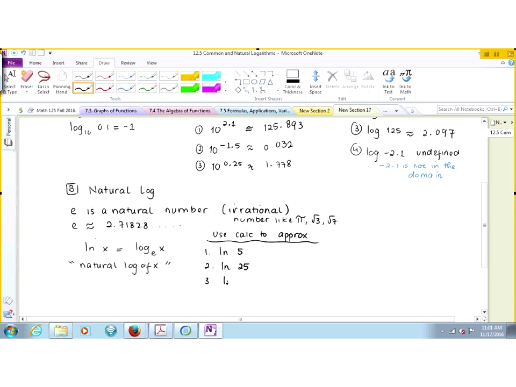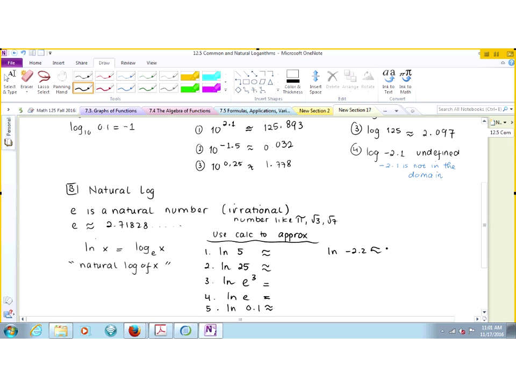What is ln 25? What is ln E cubed? This one you don't need a calculator. What is ln E? What is ln 0.1? What is ln negative 2.2? This one is not approximate, it is exact.